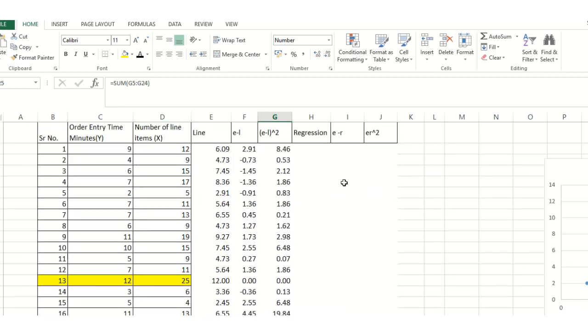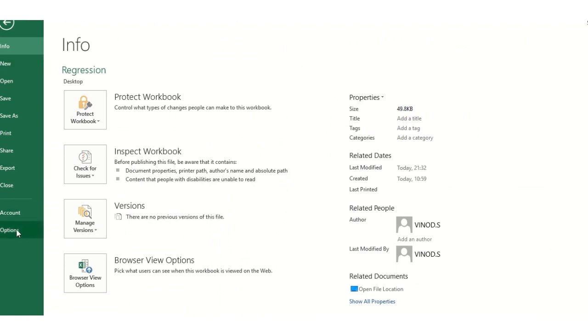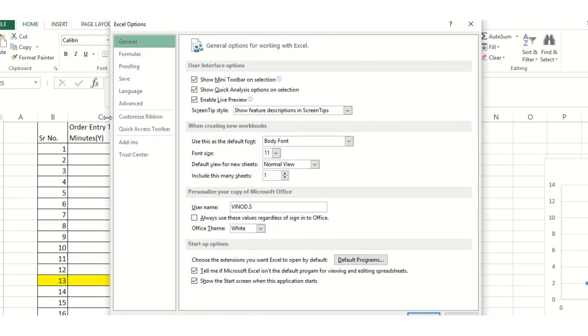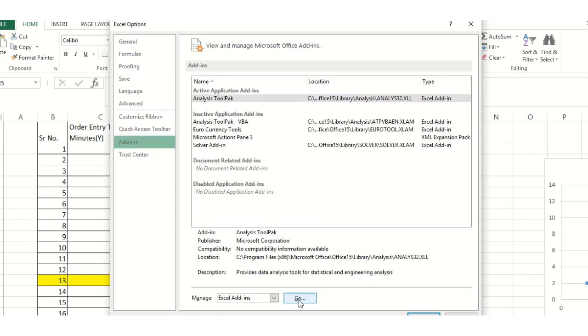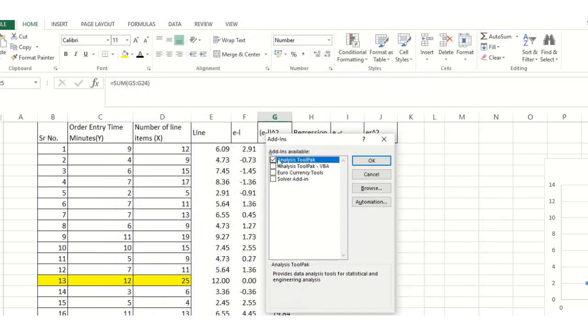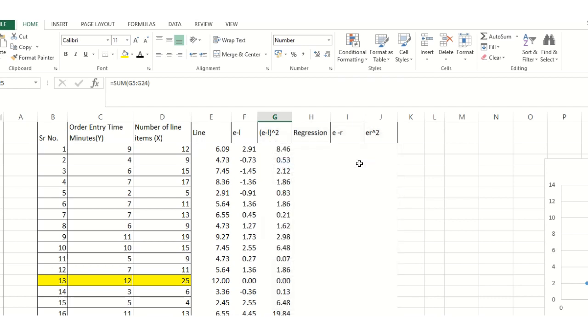I am going to do it in Excel only, because Minitab is the best way, but if somebody doesn't have Minitab, Excel is also useful. So we need to go to Options, then go to Add-ins, and say Go. Now you have to enable this. If you do that, only then can you do the regression line.